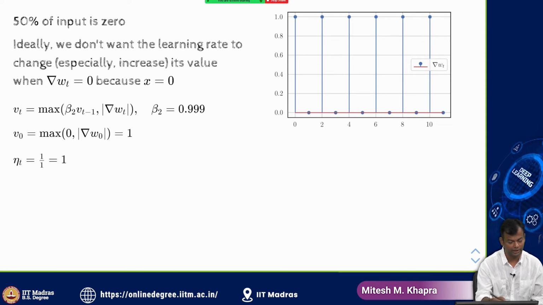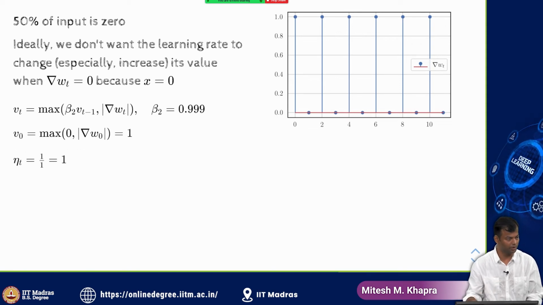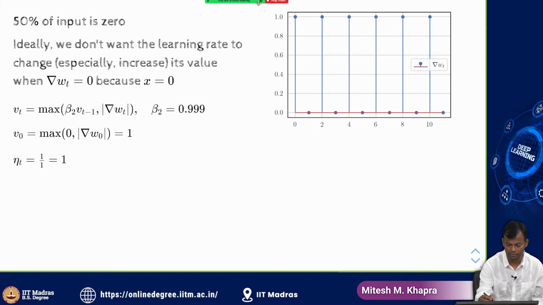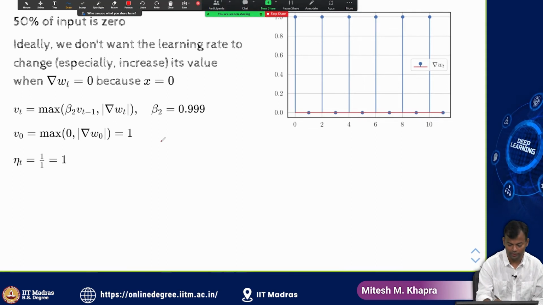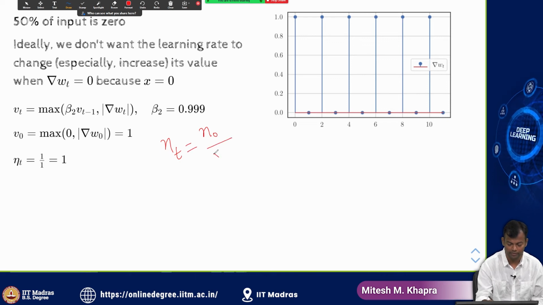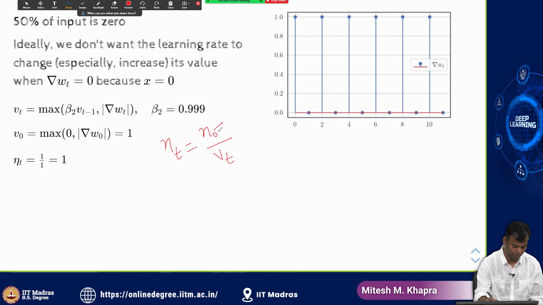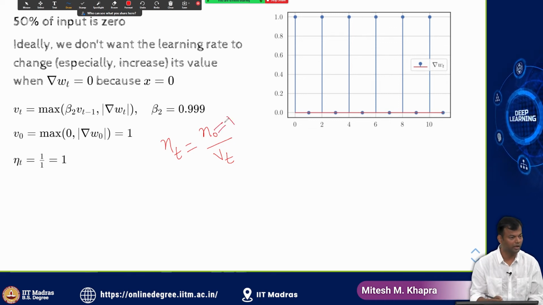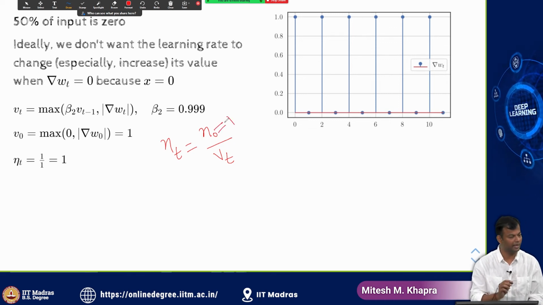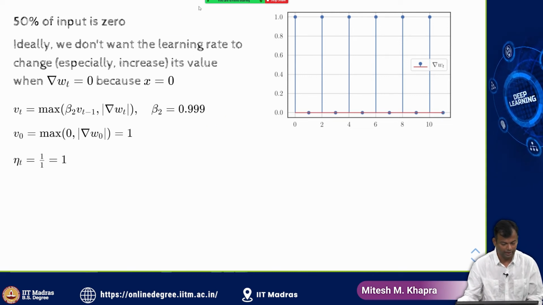Remember that eta t is eta naught divided by Vt, and I've assumed that eta naught is equal to 1 just for the sake of simplicity. So since Vt is 1, eta t becomes 1 in this case.